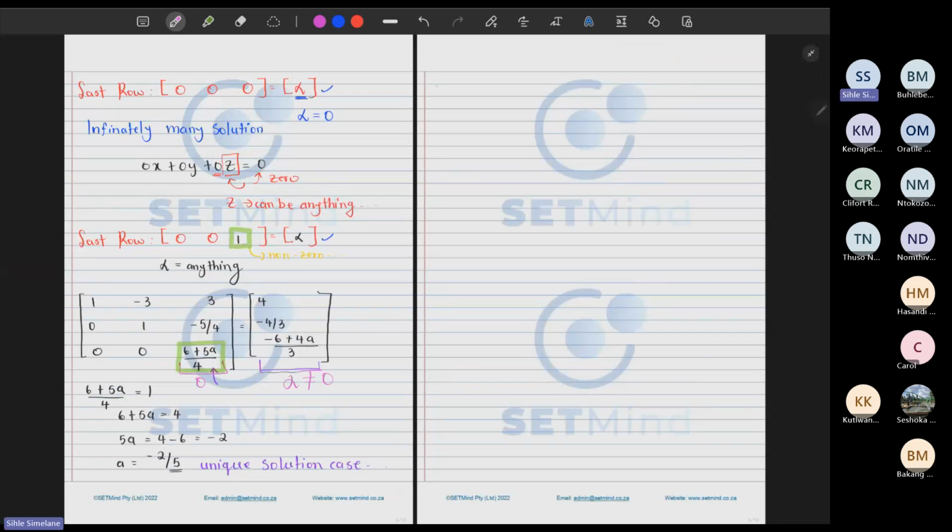So for a no solution case, what we would do is take that 6 plus 5a over 4 equals 0, and then we would have 6 plus 5a equals 0, and then our a would simply be negative 6 over 5.